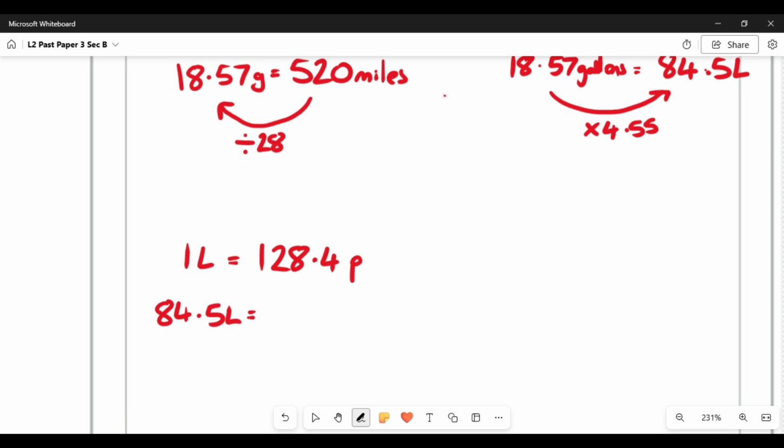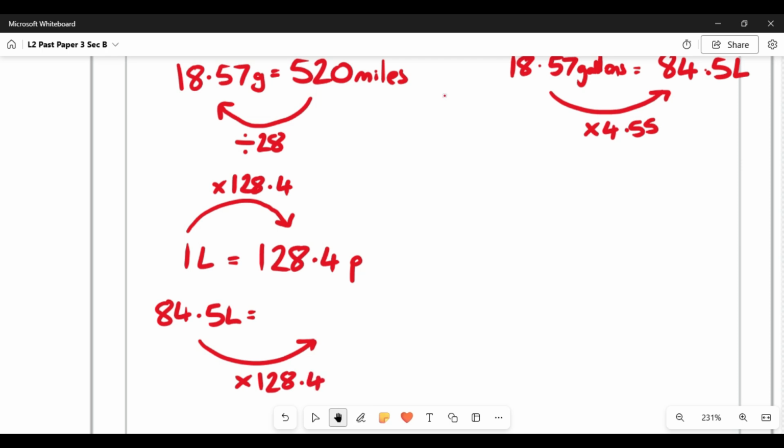on that side. So again, we're going this way, and again I'm looking at just the numbers. So I'm going from 1 to 128.4, definitely multiply, because you're going from small to big, times by 128.4.